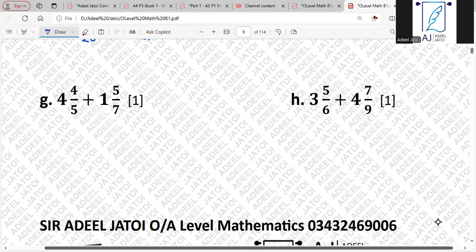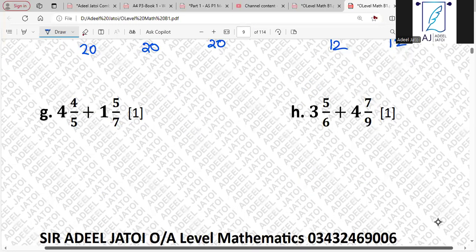Moving down to part G. 5 fours are 20, 20 plus 4 is 24 upon 5, right? 7 plus 5 is 12 upon 7. So 35 becomes the LCM because these are in the lowest terms. So 35 divided by 5 is 7, and 7 multiplied by 24 is 168, plus 35 divided by 7 is 5, and 5 multiplied by 12 becomes 60.